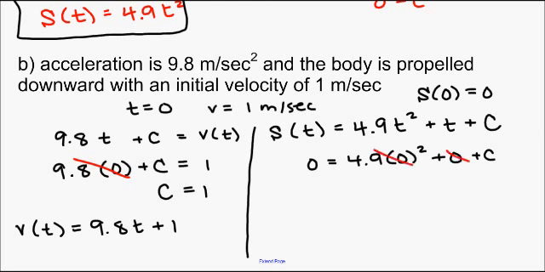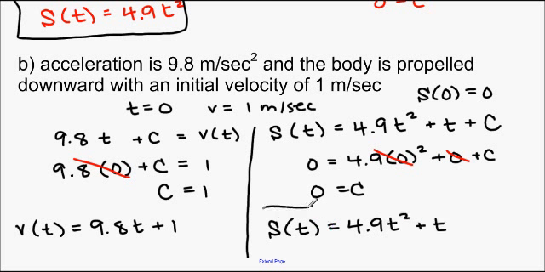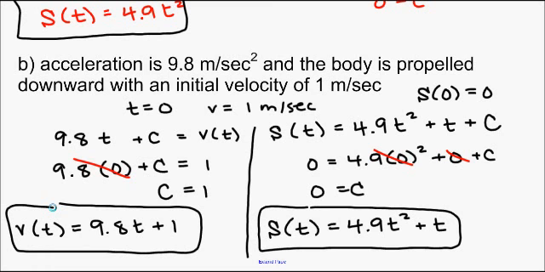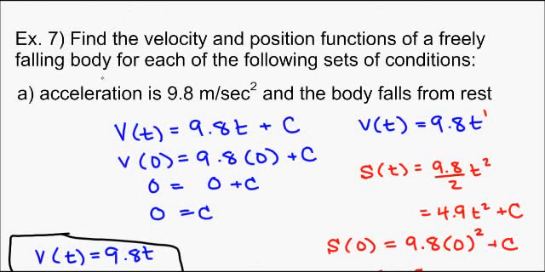These go away. c equals 0, which I can plug back in. So s of t is 4.9 t squared plus t. Technically plus c, but we're just going to leave it like this. So here's our velocity and position functions. Oh gosh, that's it for 4.2.